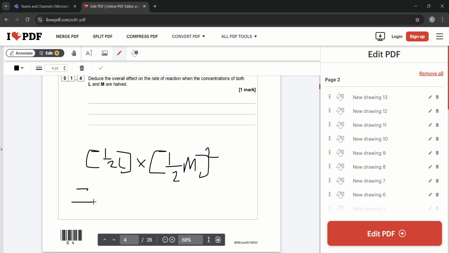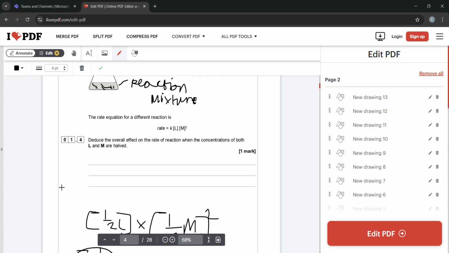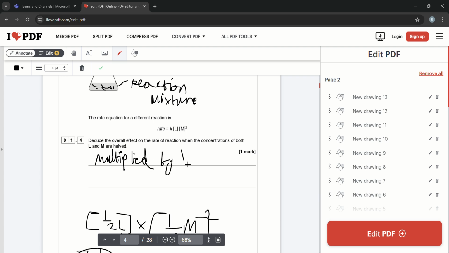Well, a half times by a half squared, we get an eighth. So the overall rate of reaction, we're going to multiply it by 1 over 8. And that's the way I would do it.